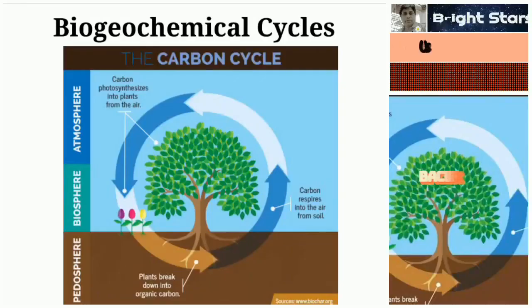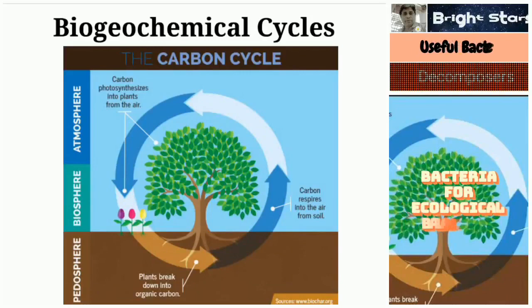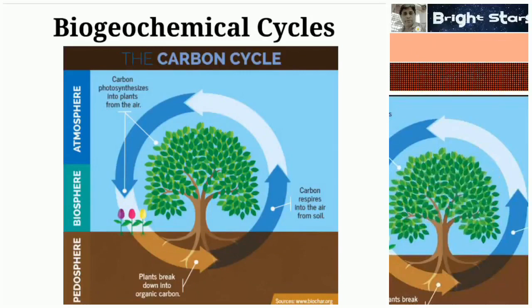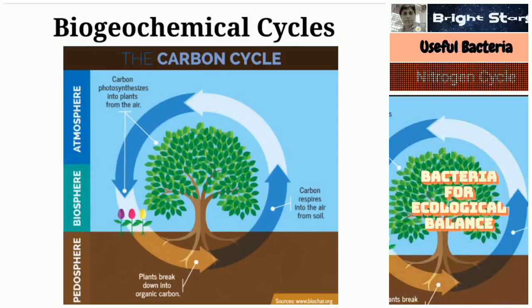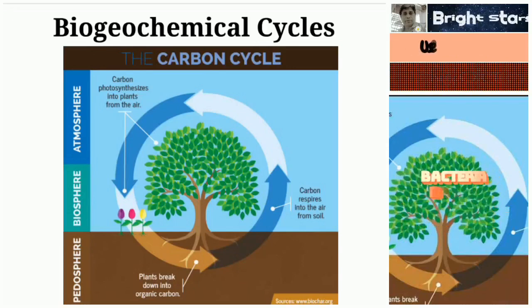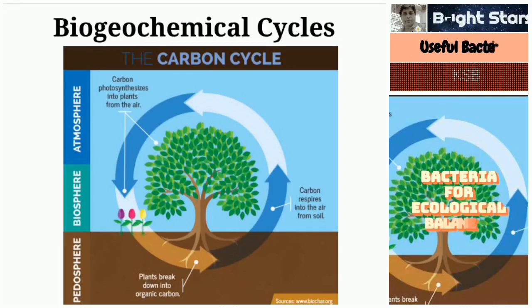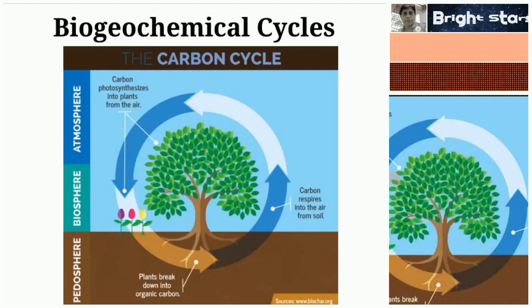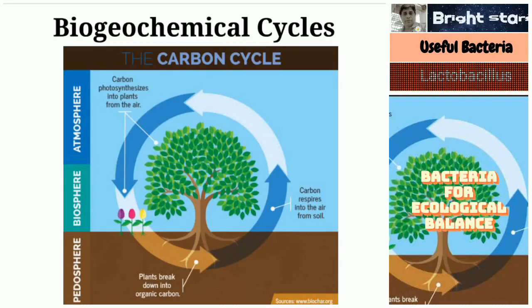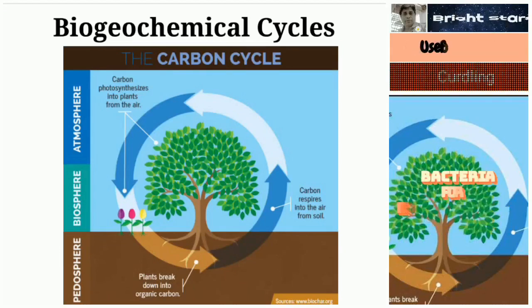The most important aspect of bacteria is that they keep ecological balance. They are useful in biogeochemical cycles, in the cycling and recycling of minerals in the atmosphere. A lot of carbon is accumulated on the earth in the form of garbage, waste materials, plant materials, and dead bodies of animals.